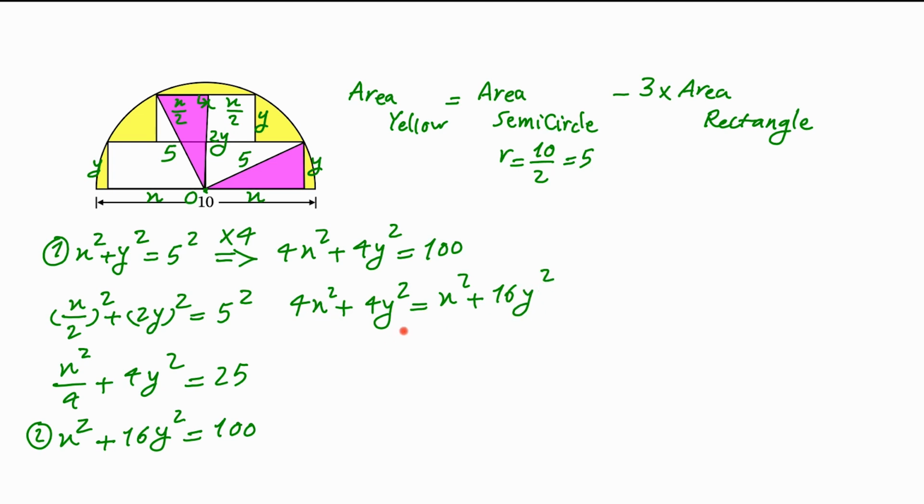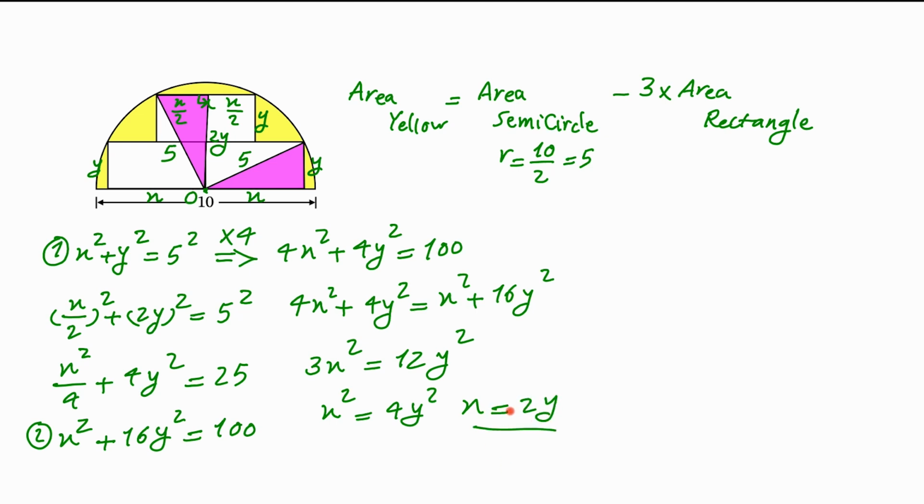If we subtract x squared from both sides and also 4y squared from both sides, we get 3x squared is equal to 12y squared. If we divide both sides by 3, we get x squared is equal to 4y squared. And if we take a square root from both sides, we get x is equal to 2y.